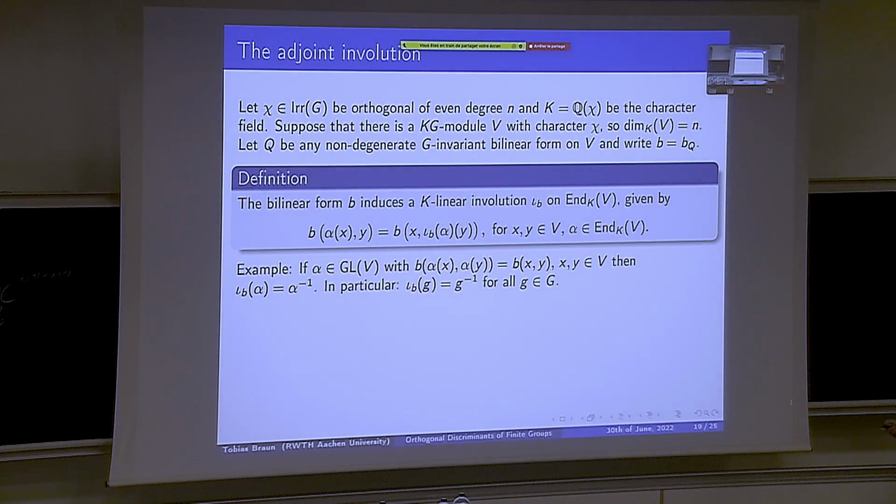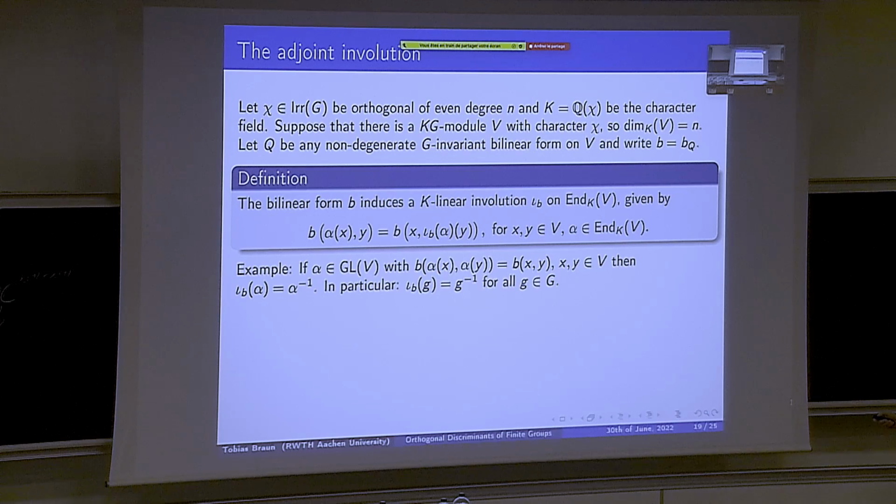What you have in general for any non-degenerate bilinear form is this so-called adjoint involution on the endomorphism ring of V. This adjoint involution iota basically tells you: I have an endomorphism alpha, and I want to apply it to the first component. What happens if I don't want to apply it to the first component, but to the second one? This is what the adjoint involution does. And if you have a non-degenerate form, this is unique. It's independent of the scaling of b.